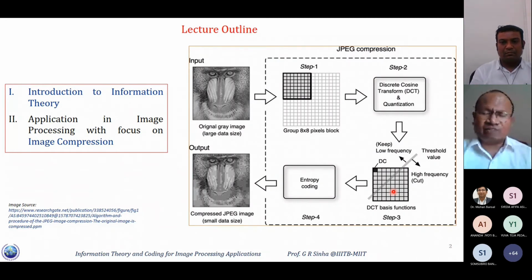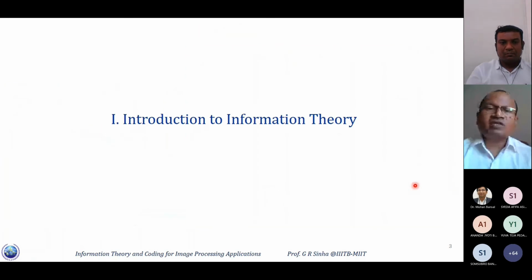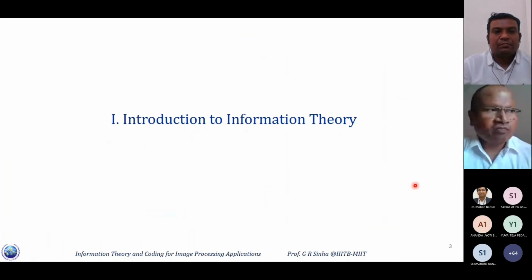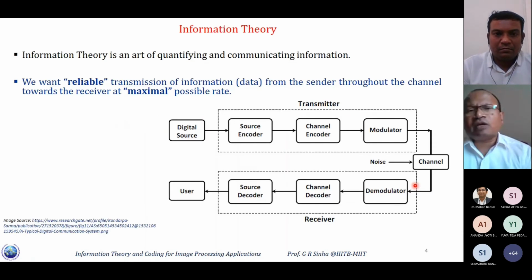Where is the redundancy? That redundancy can be ignored, and even then you can see an almost correct signal at the output. So that kind of content has to be identified, and that content can be suppressed or removed. So let's begin with information theory.